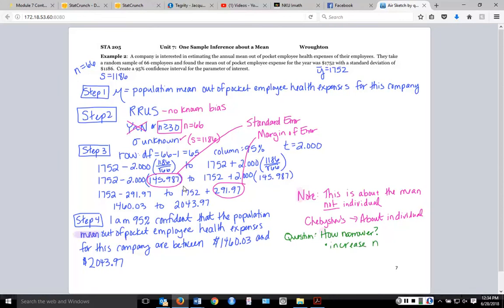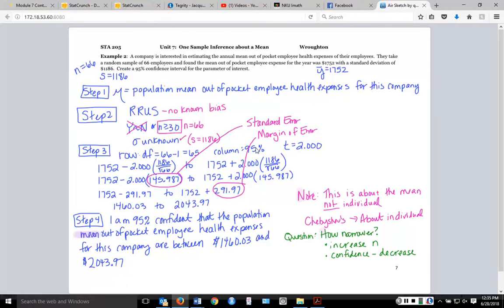One way would be to increase my sample size, because this number here would get bigger, making my standard error smaller, making my margin of error smaller, so my interval would be narrower. The other thing that I can control is to change my confidence, but this is usually where students forget which way. What I would really want to do to make it narrower is I would have to decrease my confidence.